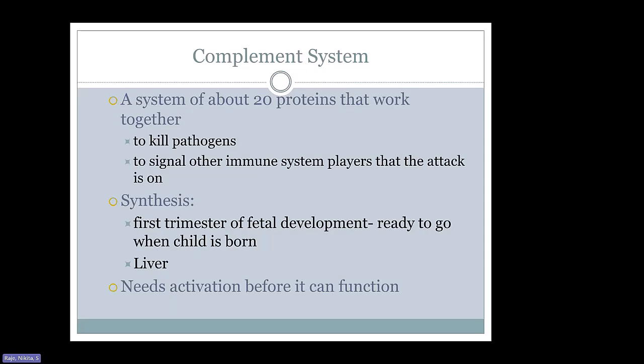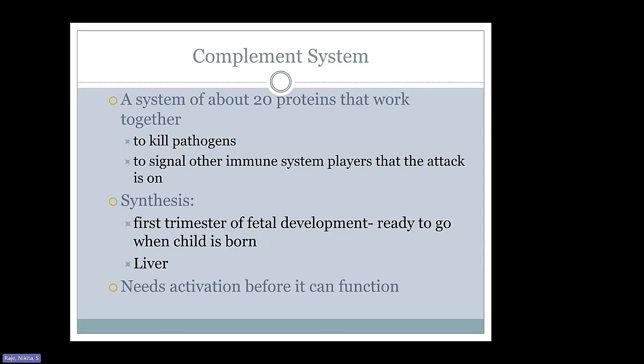All right, so the complement system is made up of various proteins. These are small proteins that come together to form bigger complexes, and they help in killing the pathogens, and they also signal the other immune system players that the attack is on. Where are they formed? They are produced during the first trimester of fetal development in the liver, and they're ready to go when the child is born.